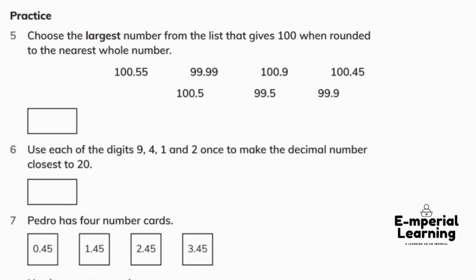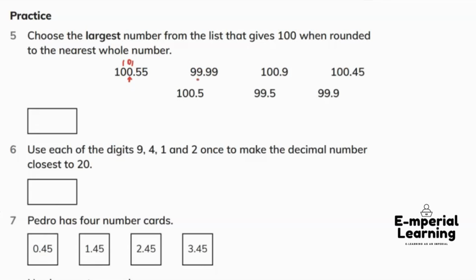So practice, it says question 5, choose the largest number from the list that gives 100 when rounded to the nearest whole number. So let's see the numbers that will give us 100 when rounded, then we choose the largest one. When we round this to the nearest whole number, we'll get a 101, right?